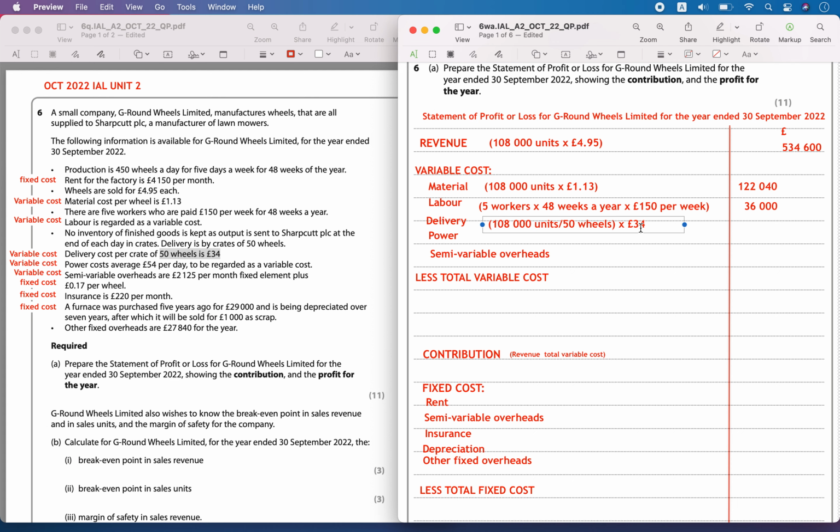So 108,000 divided by 50 into 34 is 73440.